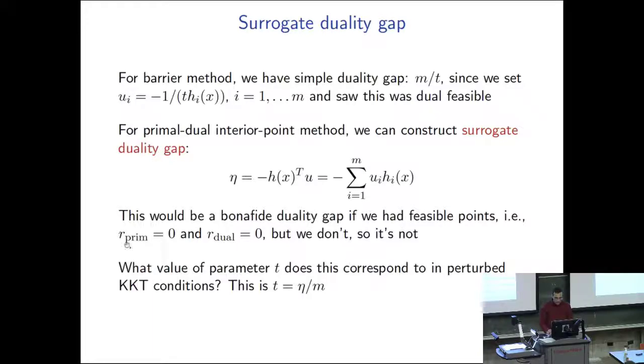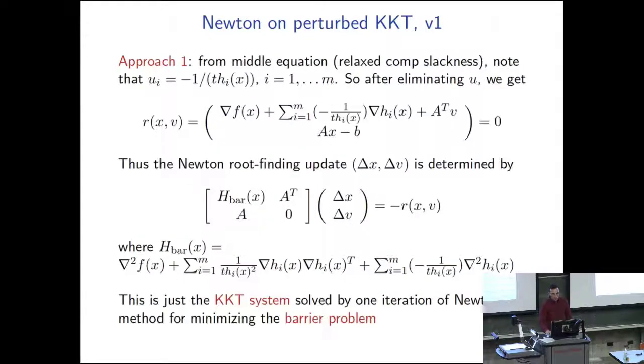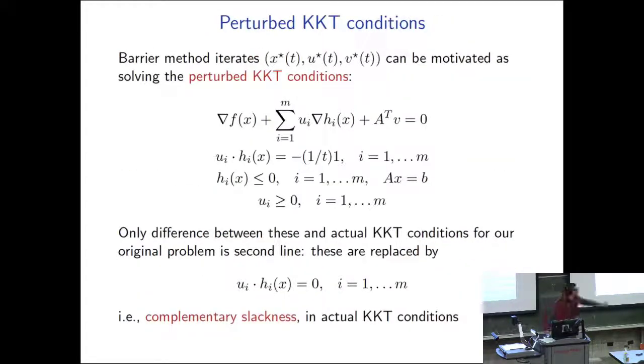Feasible points means that the primal residual is 0, so I actually have something that satisfies the primal equality constraints, Ax equals b. I said this in passing just to remind you, we are always going to keep h_i and u_i to have the proper signs.